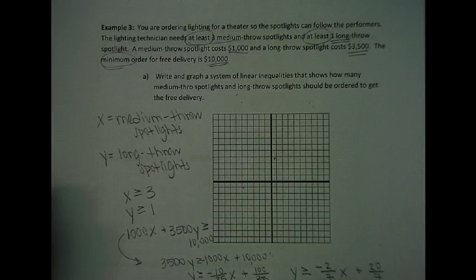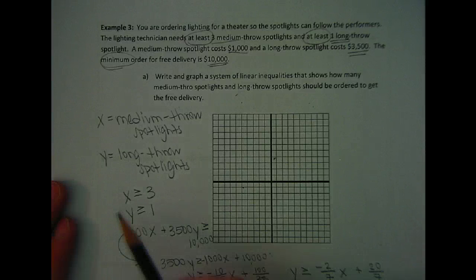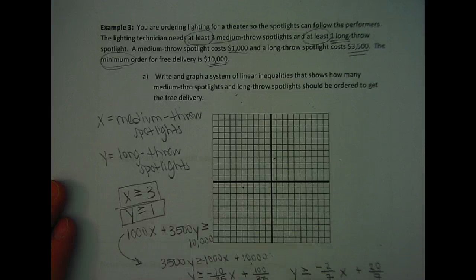Okay, so I simplified that to y is greater than or equal to negative 2/7 x plus 20/7.